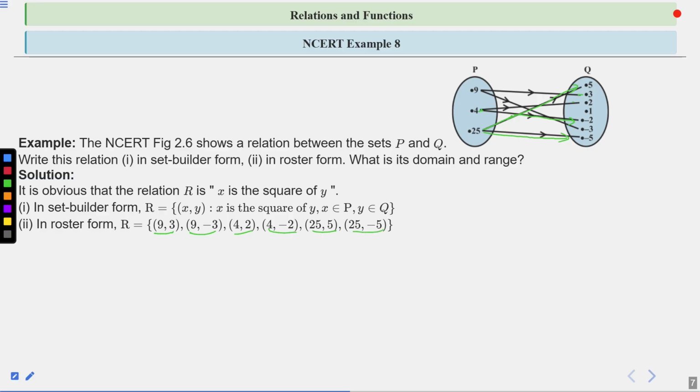Clear? So this is my set builder form and this is my roster form.